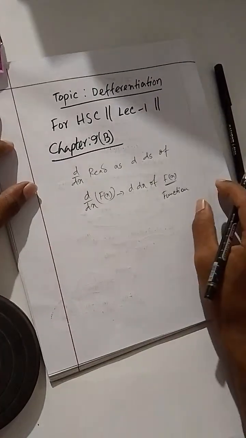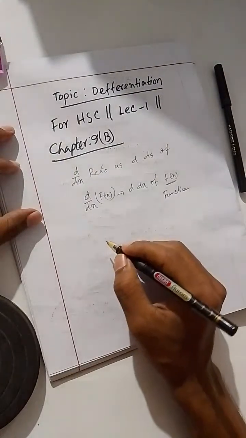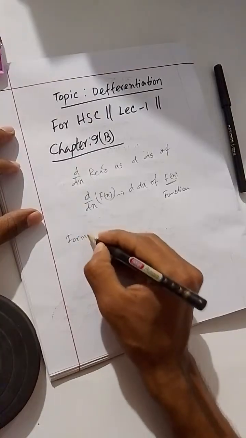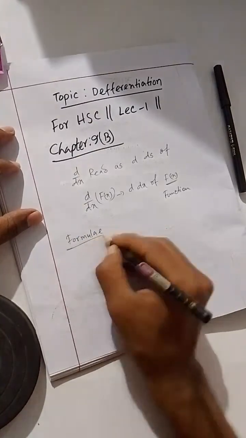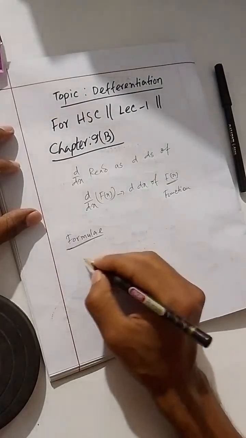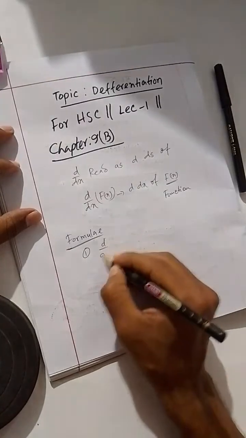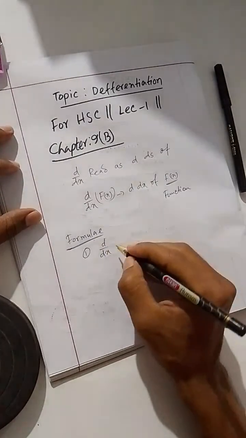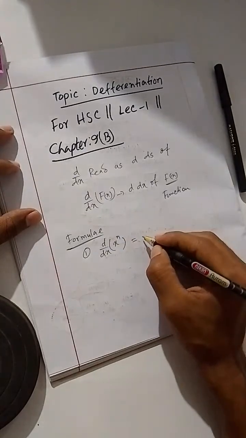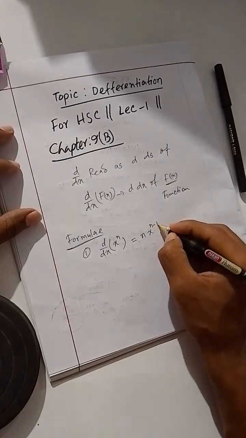And now I will discuss the formulae, because it's plural. Here the first one is d/dx of x to the n, which is n times x to the n minus 1.